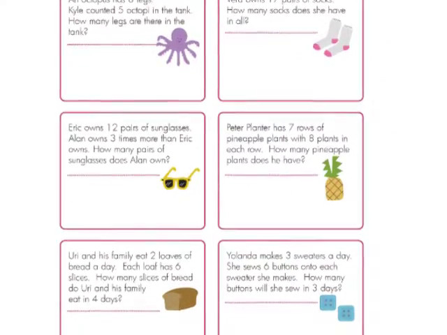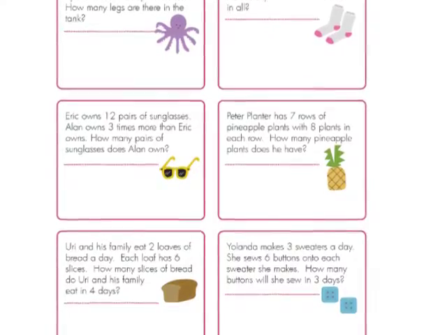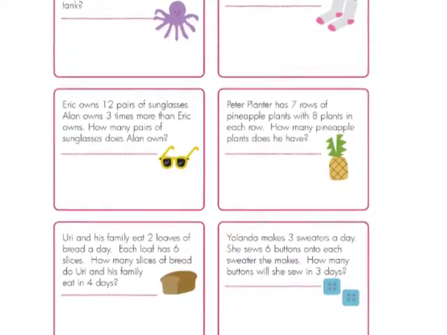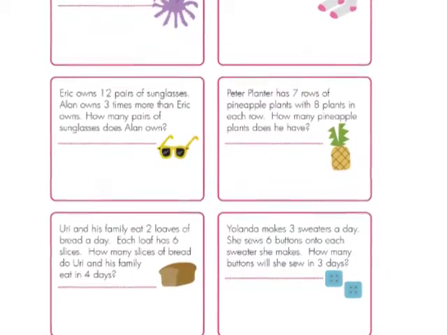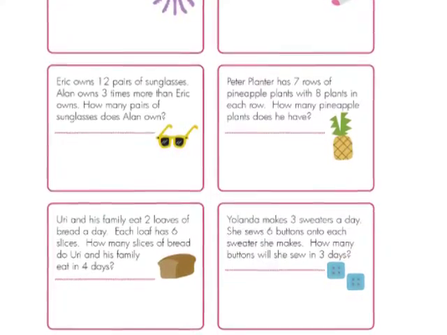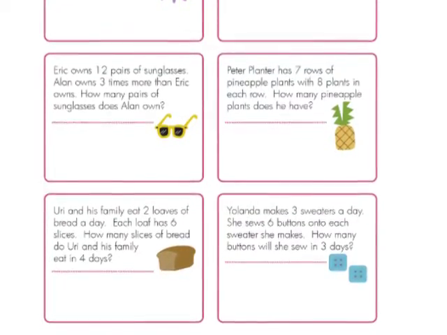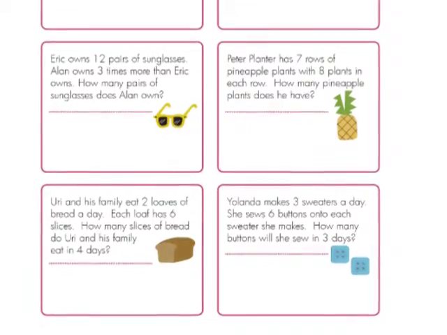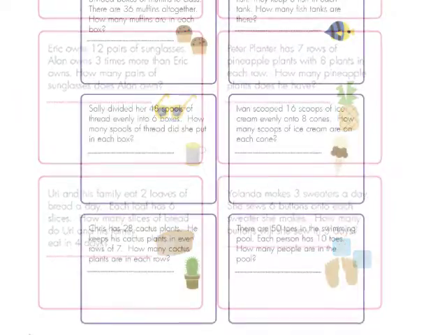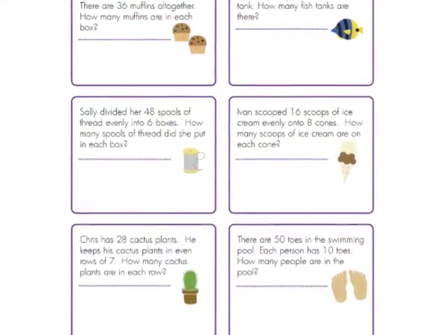On this worksheet, kids use the information from the word problems to construct and solve multiplication problems in which a single or multi-digit number is multiplied by a single-digit number. I'll also use the division worksheet.